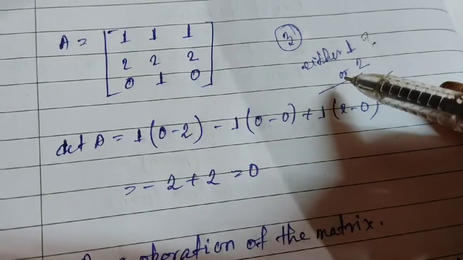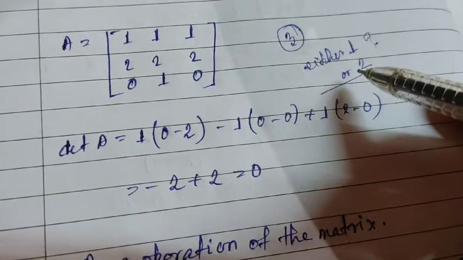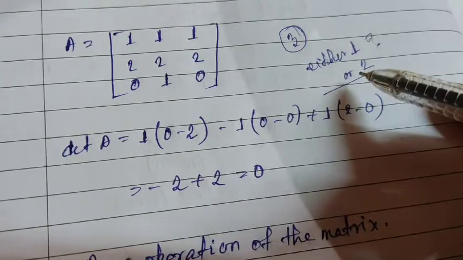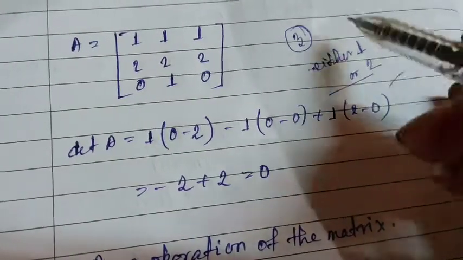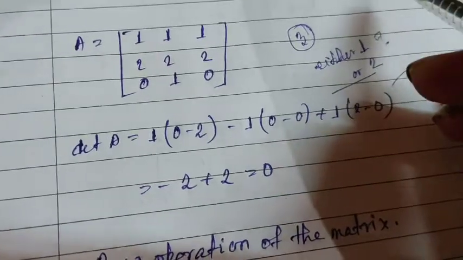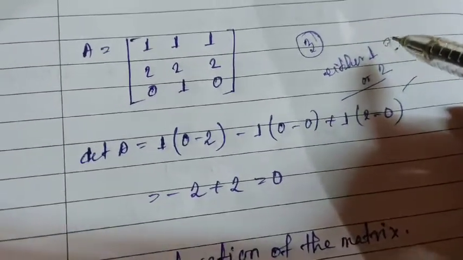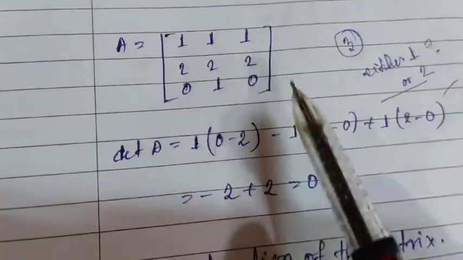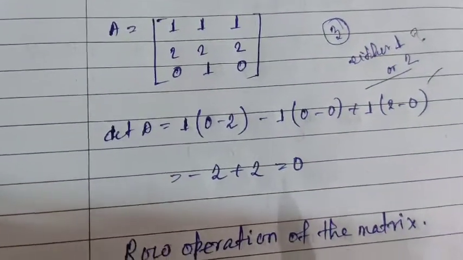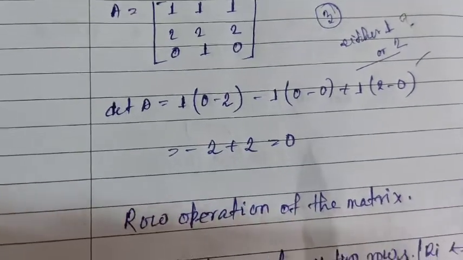But remember one thing, the rank of the matrix is always unique. That means it's either 1 or 2, not both 1 and 2 simultaneously. So let us try to find the rank of the matrix. Here, to find the rank of this matrix, we will use row operations.